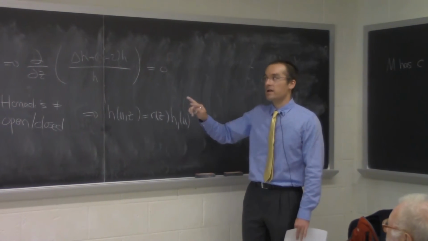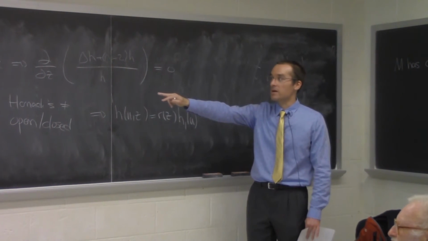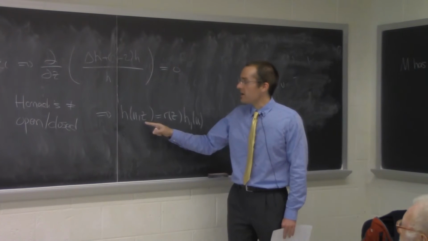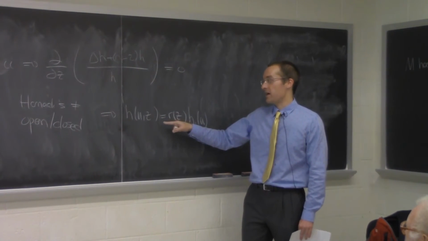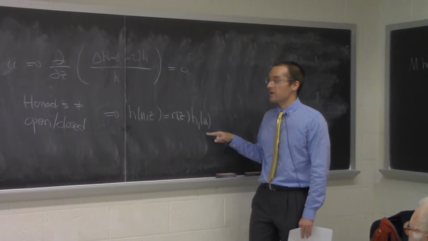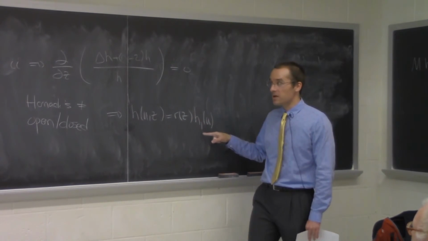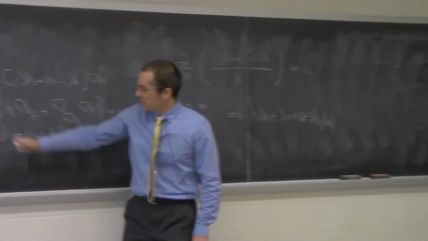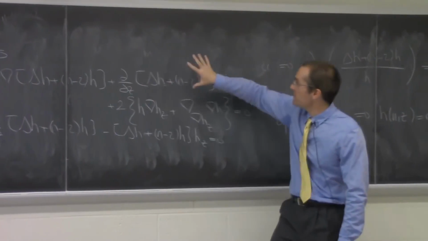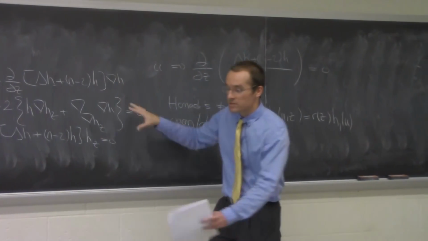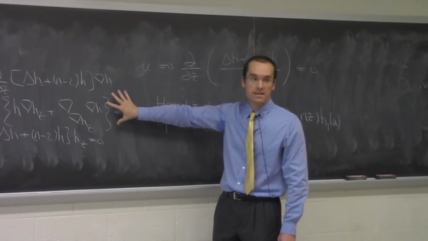Now I go back to the first one. If now I have this H, which is R times H1, I have 3 summands here, 1, 2, and 3. Each one has exactly an R and an R prime factor.